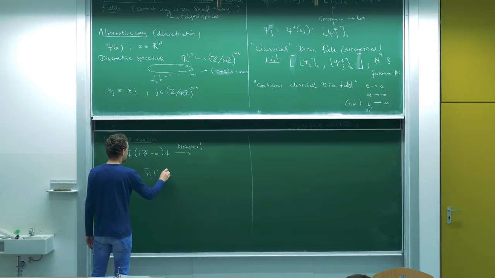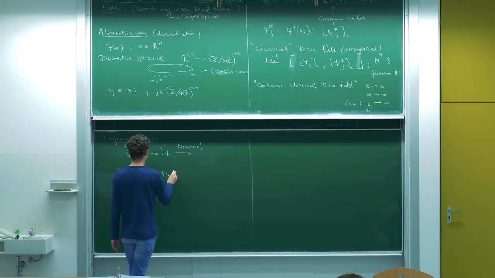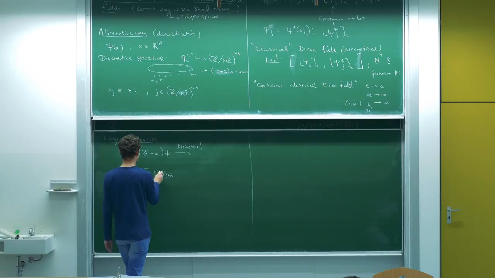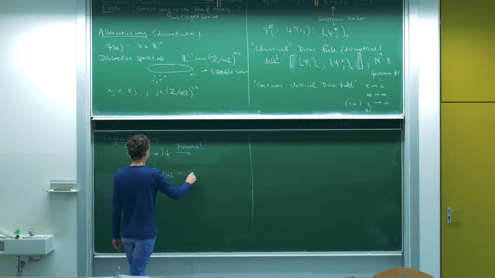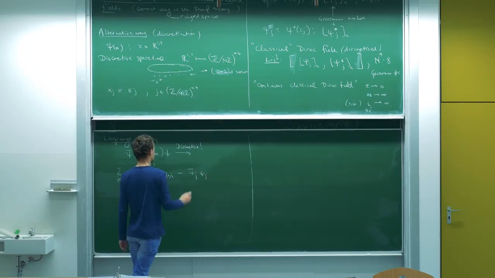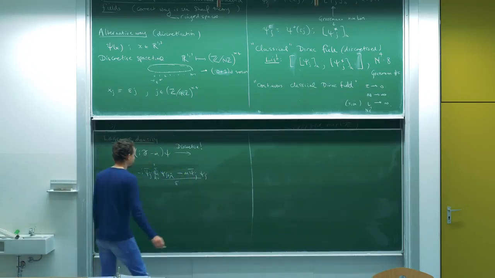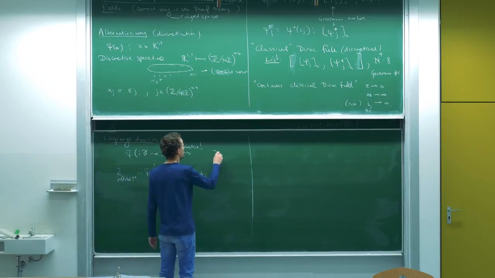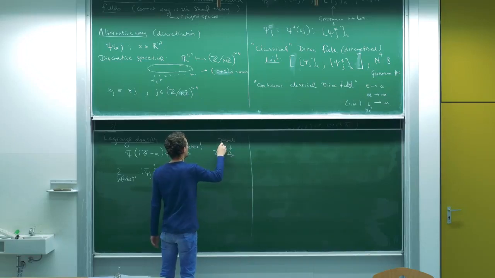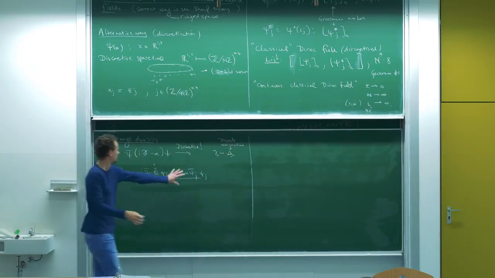I guess psi j plus mu hat. So when you discretize, you replace derivatives with discrete derivatives. And we get some object like that.